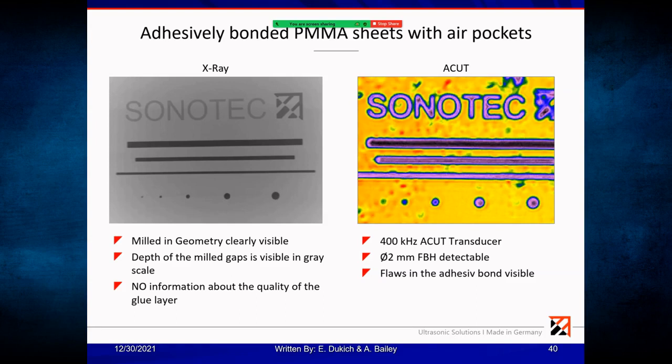You can see them easily. And on the right, you can actually see the depth, and also other little flaws that can't be seen, like all of these little gaps here. All of the adhesive disc bonds, we can see better, as opposed to the X-ray image, where we cannot see that glue layer.